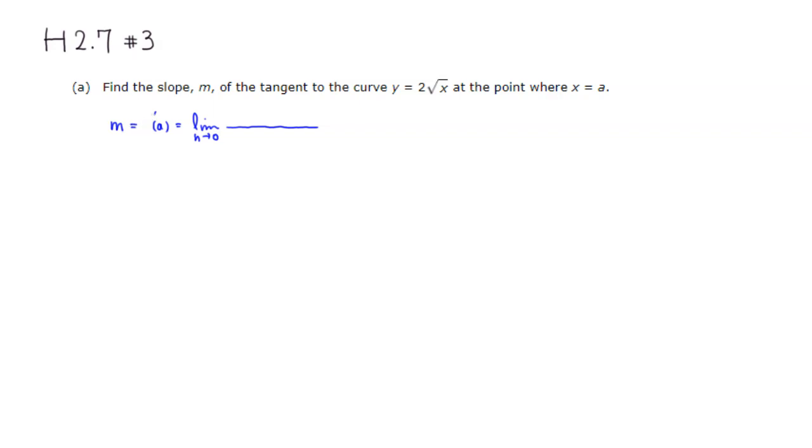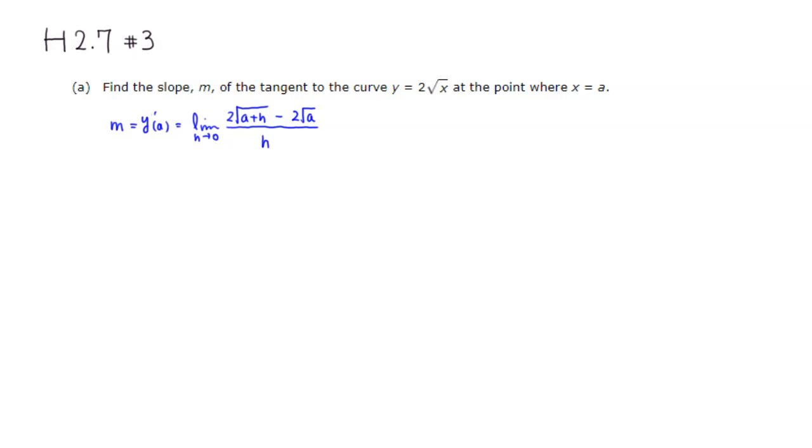So this is actually y prime of a. So y of a plus h: every time you see x, we put a plus h, and minus, we plug in a, so you have 2 times square root of a, and then all over h.